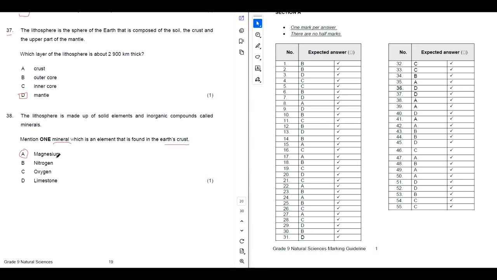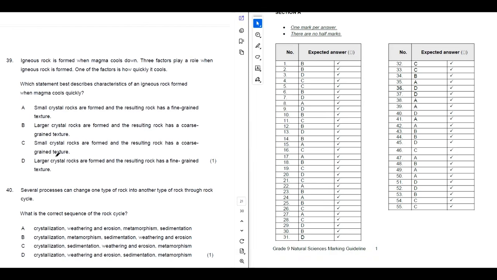Okay, and then next we will move to question 39. So question 39 says that igneous rock is formed when magma cools down. And three factors play a role when igneous rock is formed. So now we are also told that one of the factors is how quickly it cools.